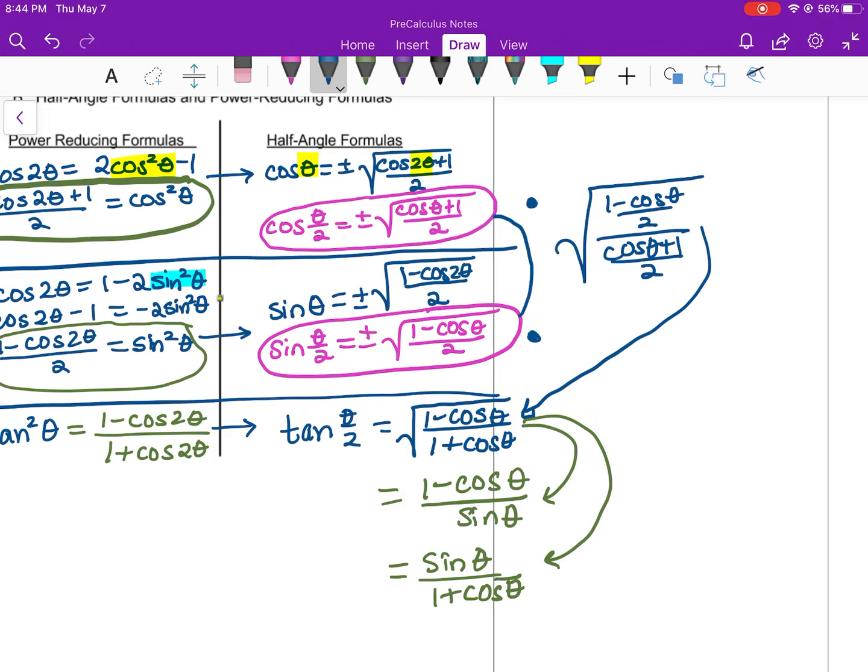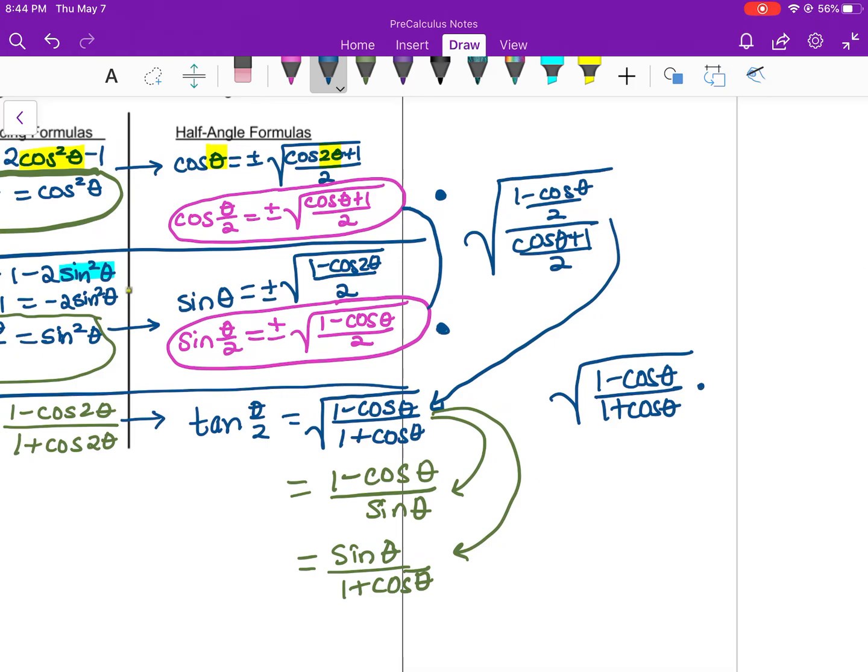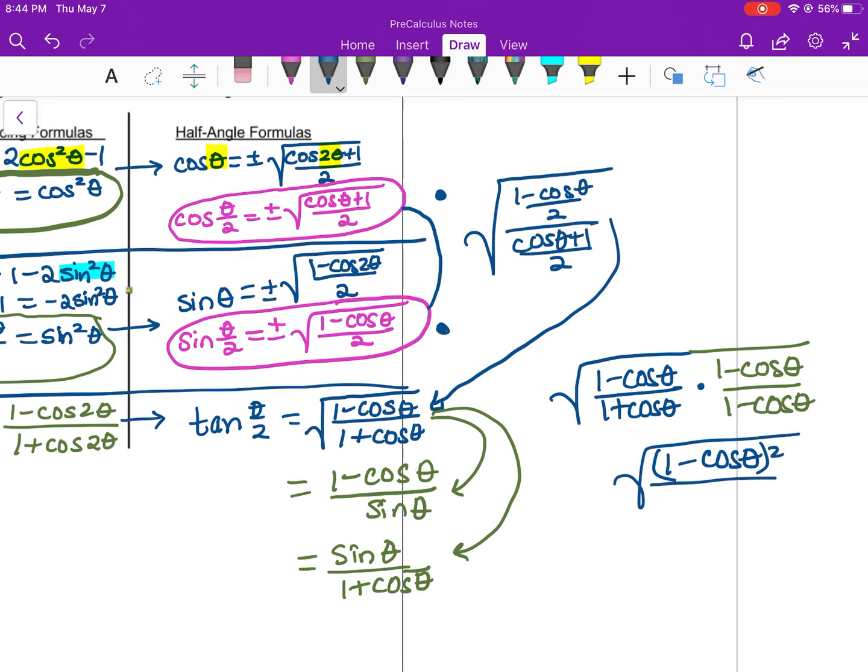So for example, if I took 1 minus cosine of theta over 1 plus cosine of theta, and I just multiplied it by the conjugate of the denominator, I would have 1 minus cosine theta quantity squared over 1 minus cosine squared theta.